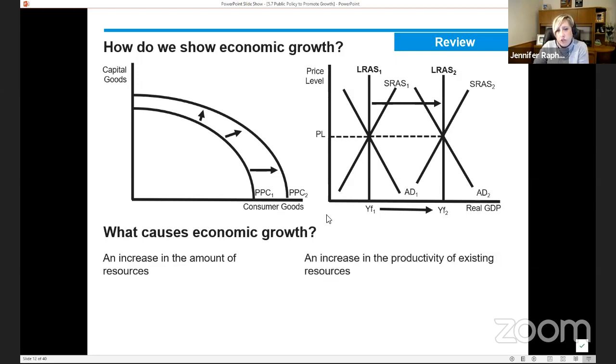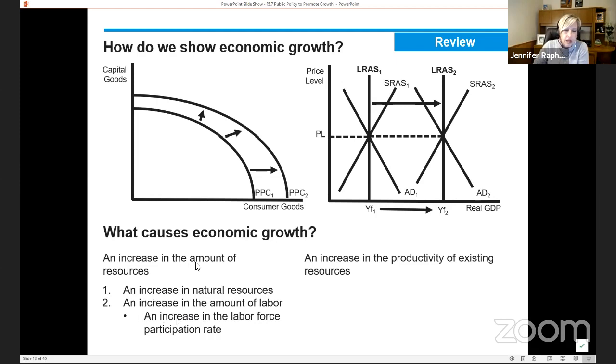We can also achieve economic growth with, as you learned last night, an increase in the productivity of existing resources. So what does an increase in the amount of resources look like? If an economy acquires more natural resources, for example, or if there's an increase in the amount of labor. And that's going to connect us to this idea of the labor force participation rate that is identified as one of the essential knowledge statements for this unit.